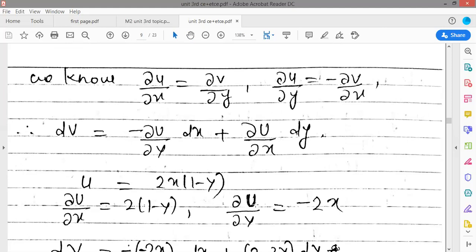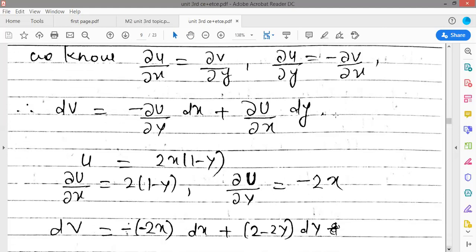Now differentiate u partially with respect to y. So del u upon del y is equal to minus 2x, because 2x, x is a constant, so write as it is. 2 is a constant, write as it is. The differentiation of 1 will be 0 because it is a constant, and the differentiation of minus y is minus 1. So del u upon del y is equal to minus 2x.